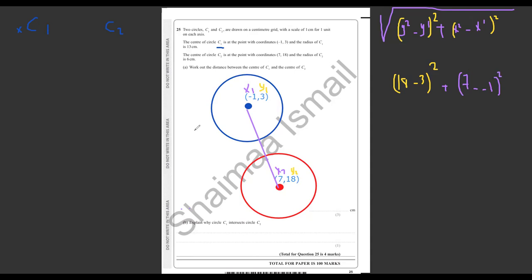Don't forget that all these numbers are under the root, just to get the distance between the two circles. So 7 minus -1 is equal to 8, squared, and 15 squared. We make it plus, and don't forget that we have a root here.